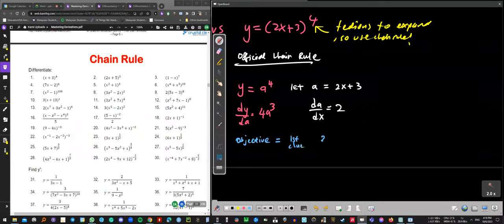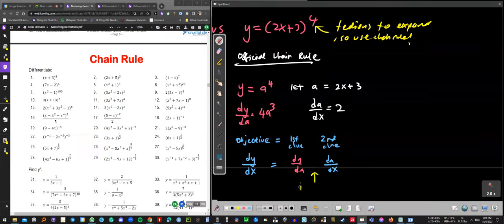So what is your objective? You want dy dx, right? You want to differentiate y in terms of x. What clue do you have? First, dy dA. What second clue do you have? dA dx. Now this is the best part.